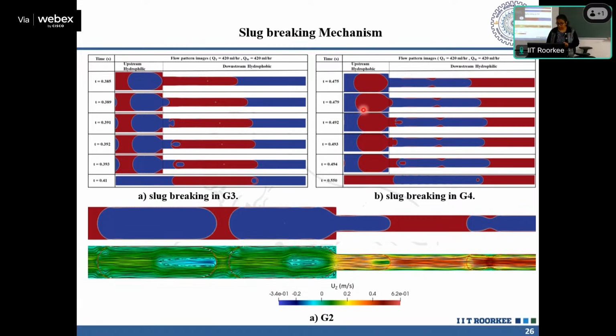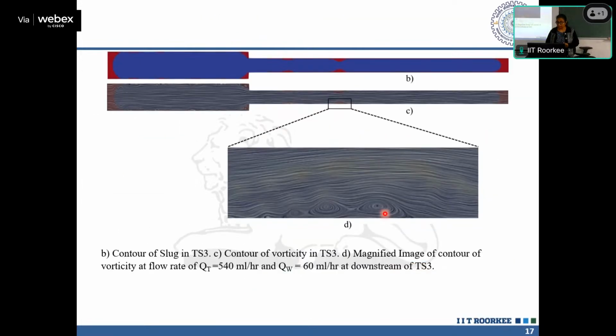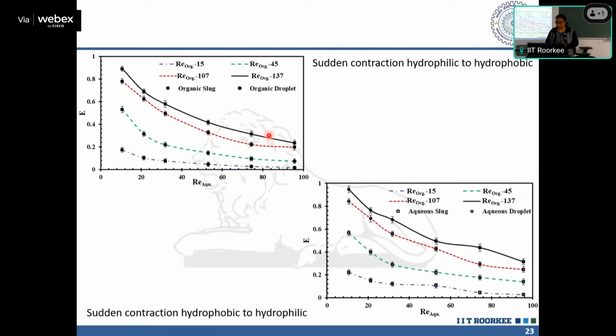The disturbance wave, if you recall what I have shown you earlier, in this type of wave there is a presence of recirculation in the film region only. This recirculation, along with the recirculation over here, these two phenomena give you the highest efficiency for this particular setup, which has a hydrophilic downstream.